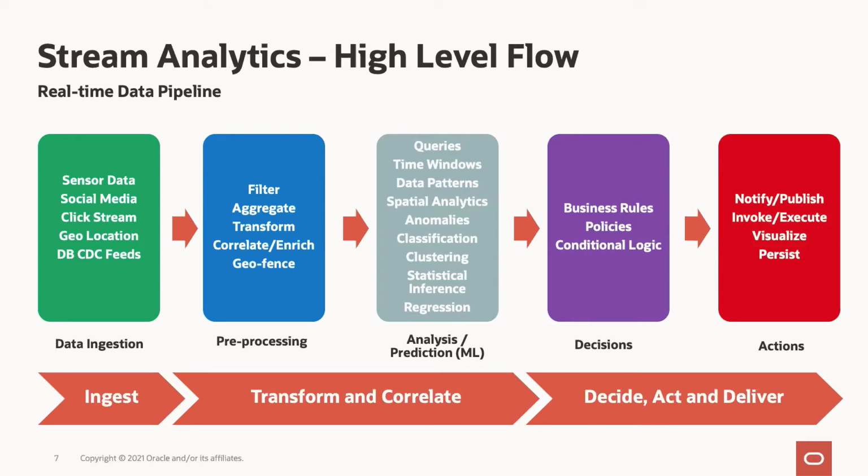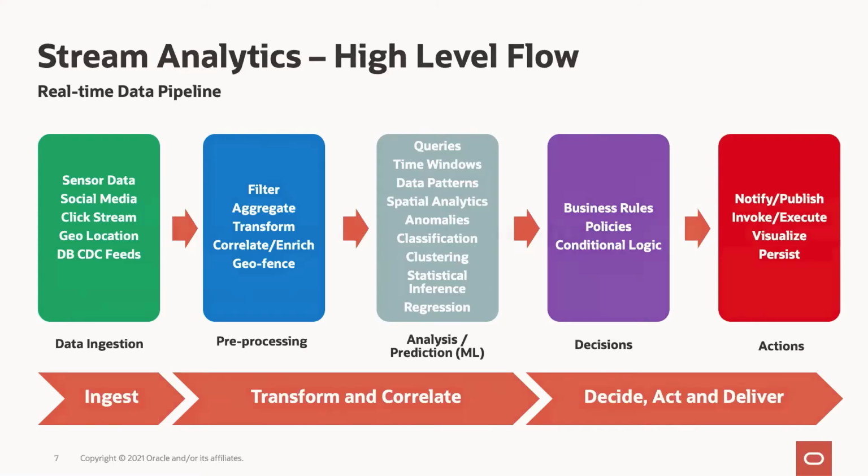And based on that, the data is taken to the final stage called action. So the data can be published into an external pipeline or external tool, or you can invoke an application or execute it in a tool. You can do some real-time visualization, or if you would like to persist the data in a data warehouse or data lake, you could do that.